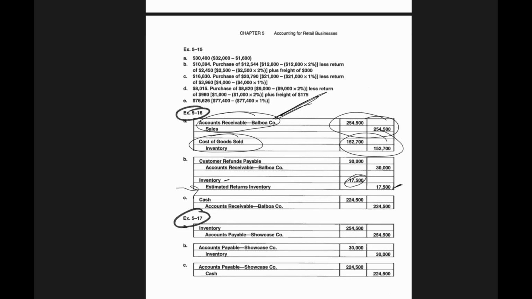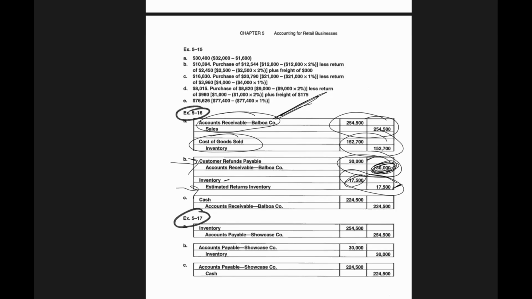The cost was $17,500, but it had a sales price attached to it. It says a credit memo of $30,000. So we reduce AR by $30,000, and then we use this new account called Customer Refunds Payable. So we first put it back into inventory, and then we reduce essentially the sale.